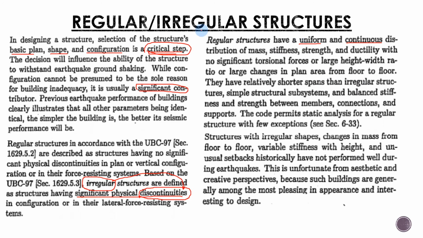So they have relatively shorter spans than irregular structures, simple structural subsystem, and balanced stiffness and strength between members, connections, and supports. So the code permits static analysis for regular structures with few exemptions. Okay, so pwede pa static analysis guys pag regular ang structure.